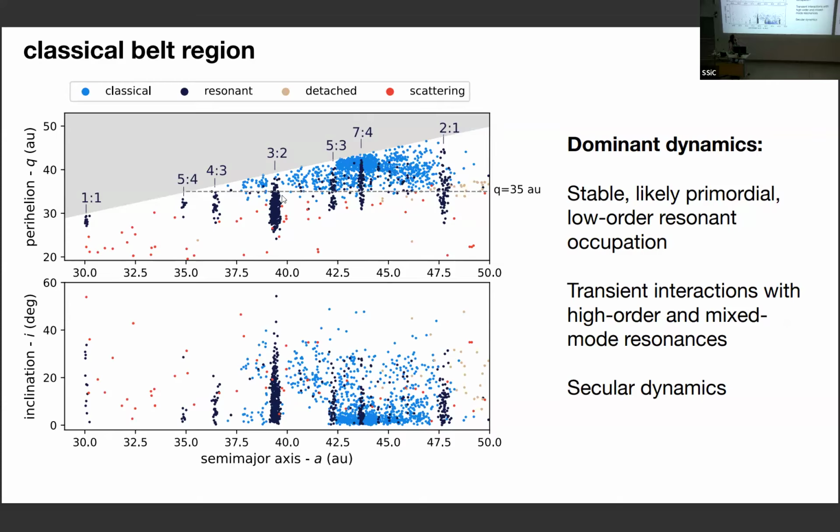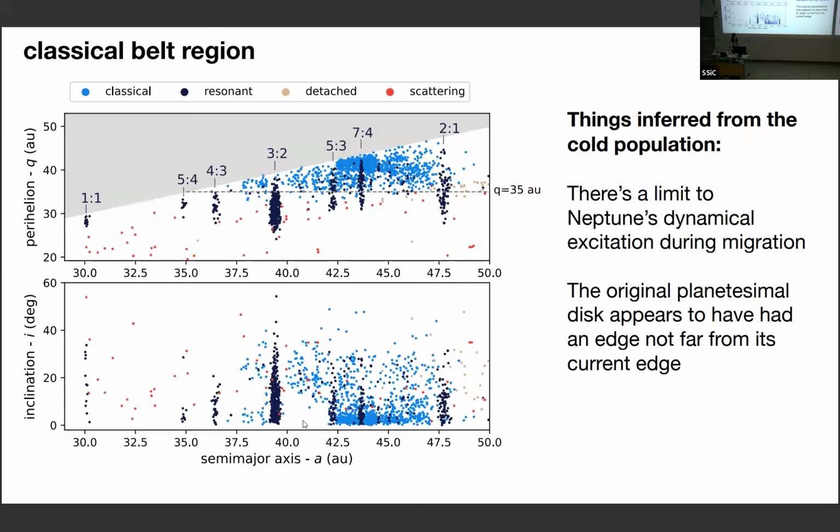We've got some of these strongly populated resonances that were captured during the era of planet migration. And we have some secular dynamics going on, like this gap in the cold belt where there's no low inclination objects here. That's due to the present configuration of the giant planets. Low inclination orbits there are not stable due to secular resonances.